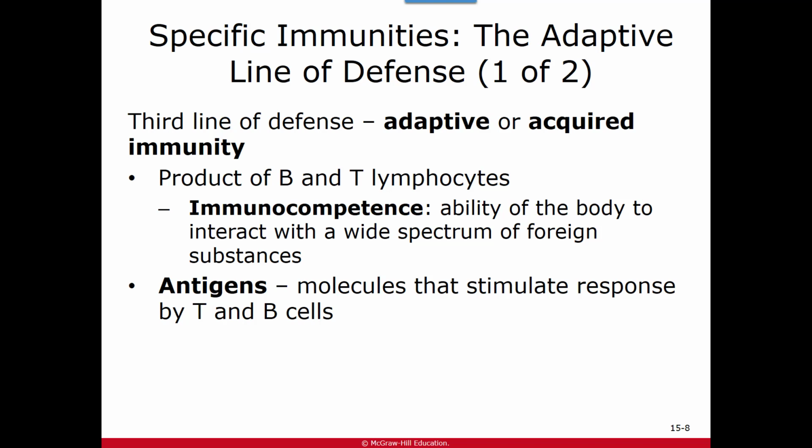It can recognize them as foreign, and it can mount a very specific immune response against them. Now, an antigen is any type of molecule that's going to stimulate an immune system response. So anything that the body perceives as foreign is going to stimulate some type of immune response, either by the T cell or the B cell or both.